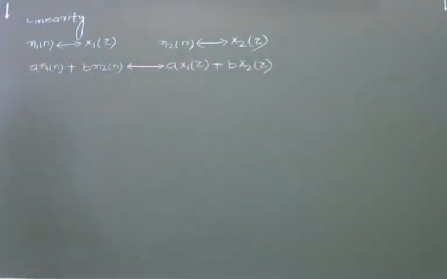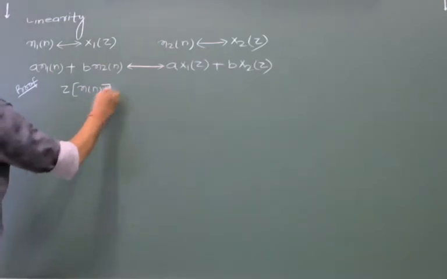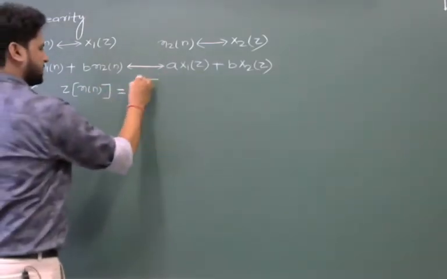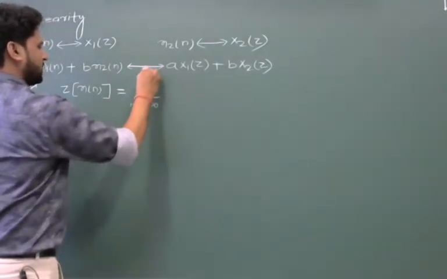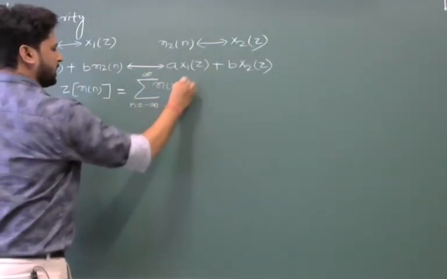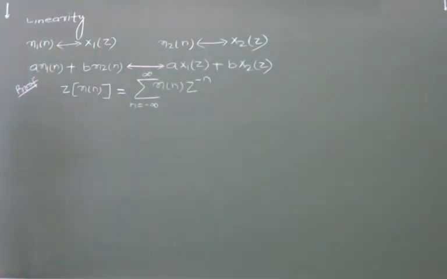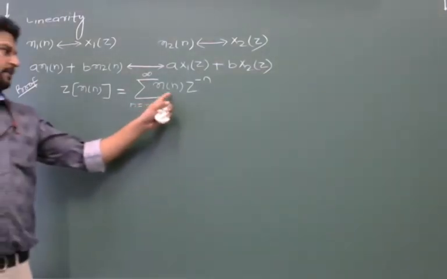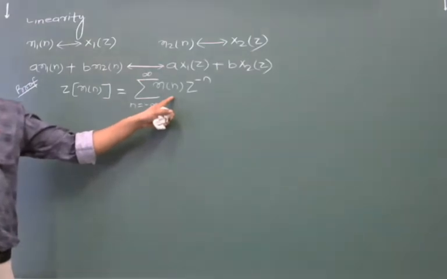We can find the proof here also. We know that the Z transform of a sequence x of n is represented as sigma, n from minus infinity to plus infinity, x of n into z power minus n. But here, instead of x of n as input, we will give a x1 of n plus b x2 of n.